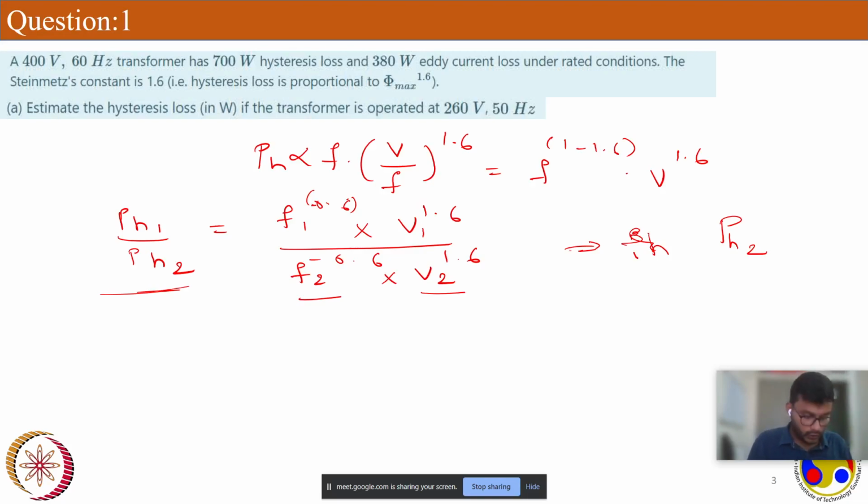How much is the second voltage? 260 divided by 400 to the power 1.6. I got 0.55. We have to multiply it with 700. Can someone tell me?